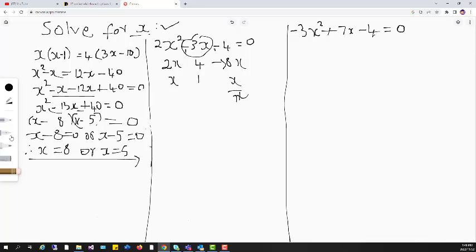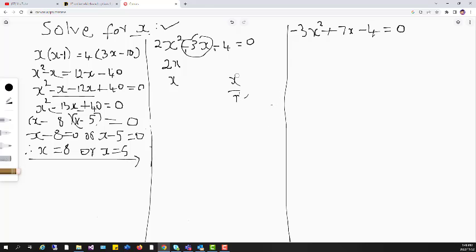And then what if we cross multiply them? 2x times 1 will give us 2x, and 4 times x will give us 4x. 4x minus 2x gives us 2x. It's still not 3x. So 4 and 1 definitely don't work. What other terms of 4 can we think of? If it's not 4 and 1, it can only be 2 and 2.